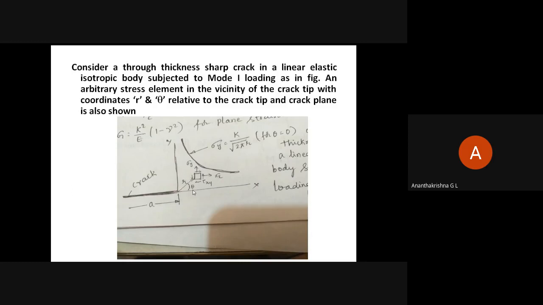Okay, is taken, and now using mathematical theory of linear elasticity, elastic stresses near the crack tip, that is r by a, which is less than 1. So essentially sigma y is given by this expression, sigma x, tau xy, then sigma z, and tau xz is equal to 0 for plane stress.